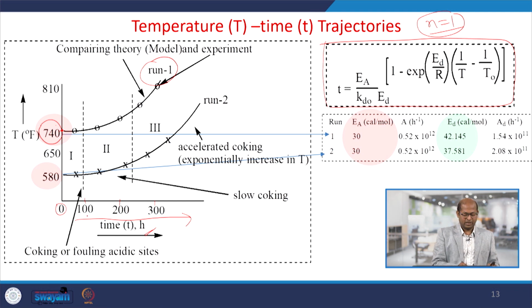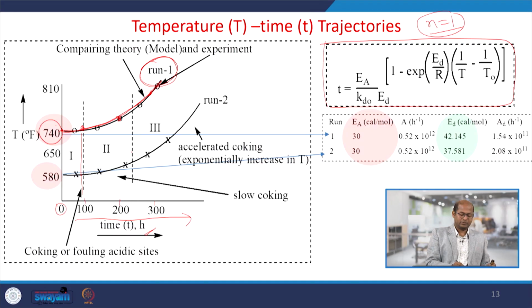At 100 hours the temperature is slightly increased, at 200 hours the reactor temperature increases to this, and at 300 hours it is increased to this. So for run 1, the temperature has to be progressed gradually this way, slowly increasing with time. This is the way.